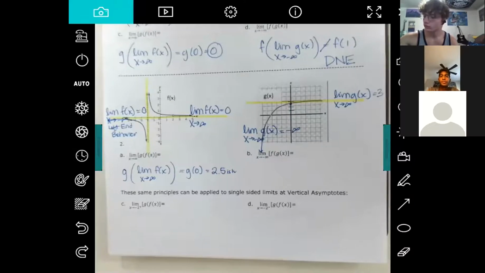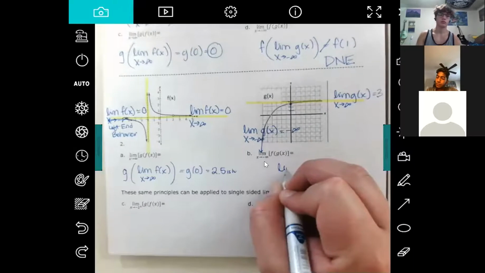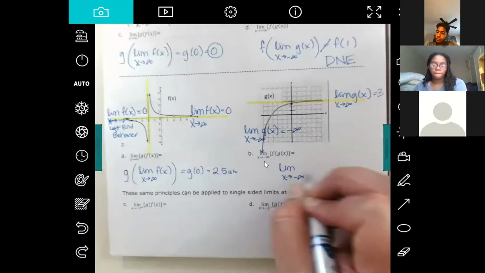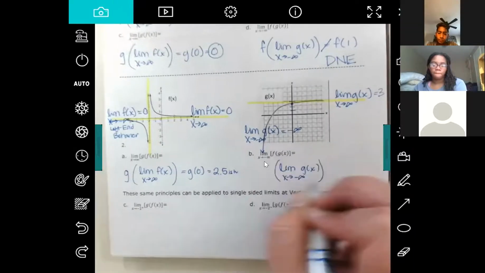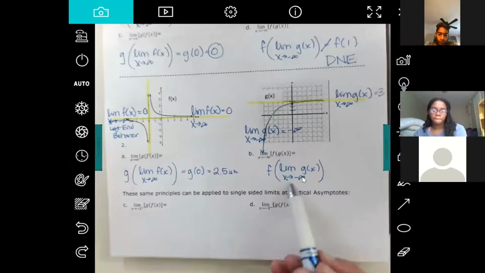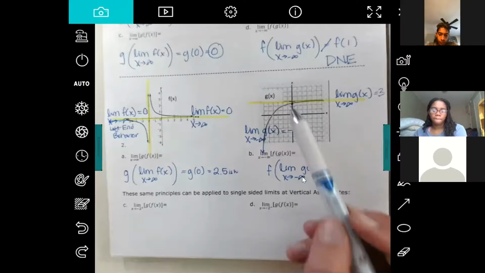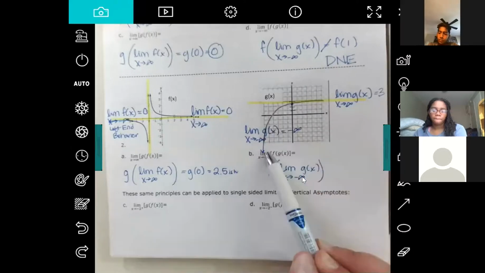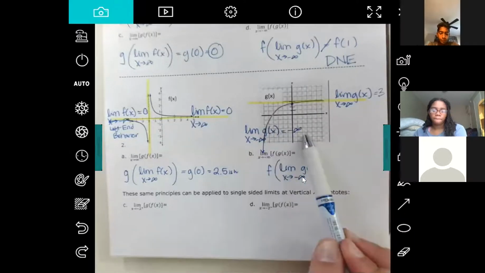Okay, next one. We want x going to negative infinity. We're going to apply that to the middle, g of x here. Plug that into f. Okay, I'm looking at the graph of g. The negative infinity tells me I need to be looking at the left end of the graph of g. So the left end of the graph of g was here, and it was going down forever, which told me it was a negative infinity.